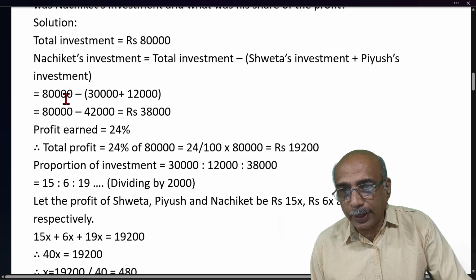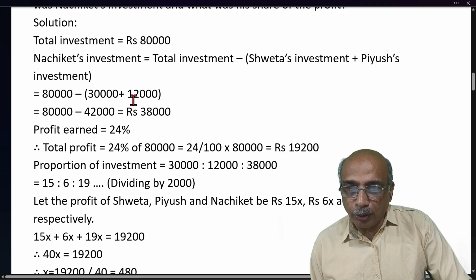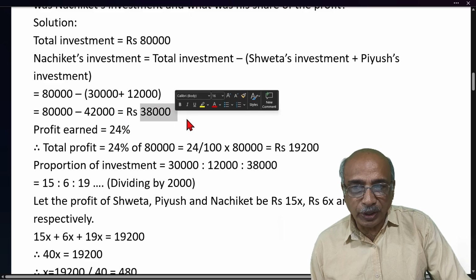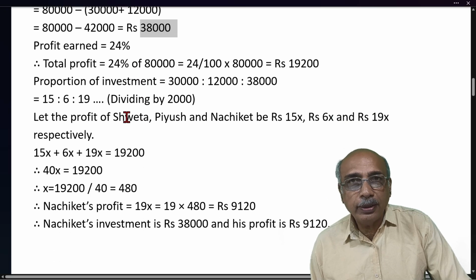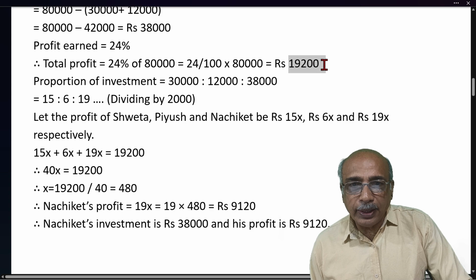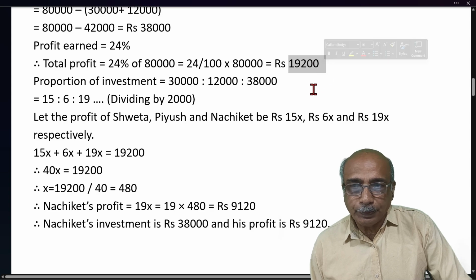You will get 80,000 minus 30,000, also minus 12,000. So you will get the answer 38,000 rupees. Profit earned is 24%. Therefore, total profit equals 24% of 80,000. The answer we get is 19,200.